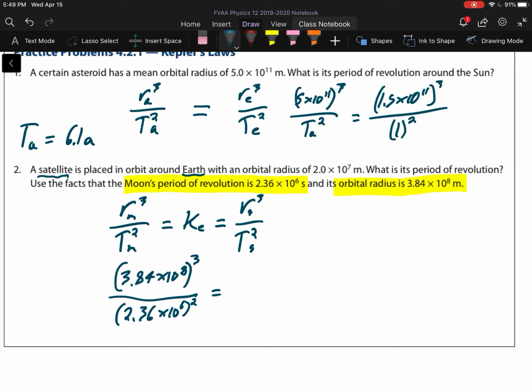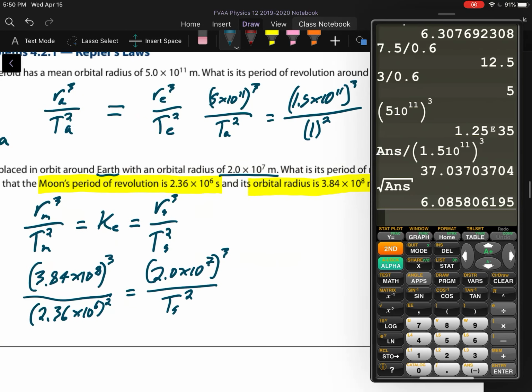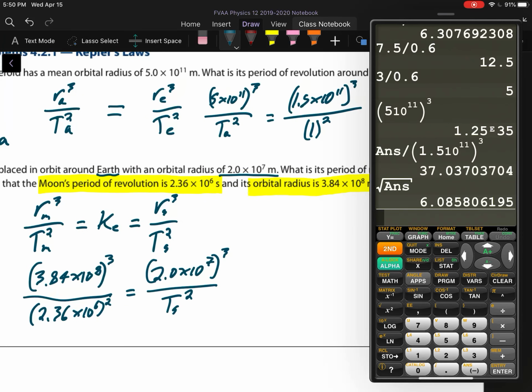And now they give us an orbital radius of the satellite at 2.0 times 10 to the 7 cubed. And that's going to be over the period of the satellite squared. Okay? Again, cross multiplying, divide, and then square root your answer. So I'm going to just be cross multiplying these two first, and then dividing by this one to get my t squared, and then I'll square root that solution.